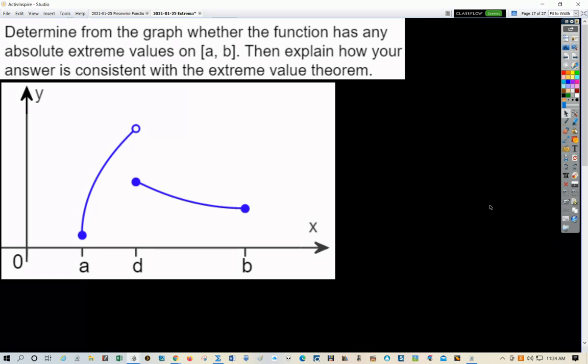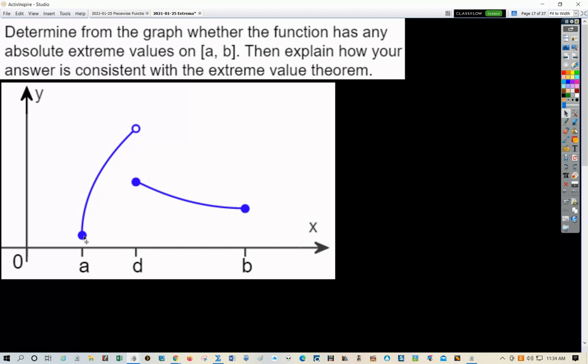I don't know, none. I don't know. Well, now just think about it in terms of the graph. Is there a place where the ant could stand and be at the lowest point on the interval, the closed interval from A to B? Yeah, at A, right? Yeah, right.